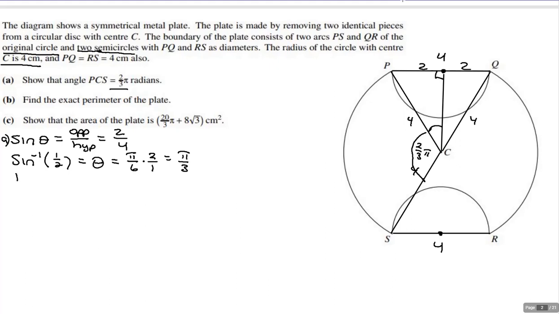So if we say the diameter, SQ, yeah, all right? And then what angle are we referring to here? PCQ? Yes. Angle PCQ, that's telling them that this is 1/3 pi, and I'm saying pi over 3, but it's the same thing, right?